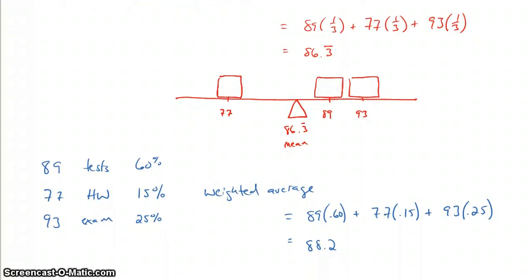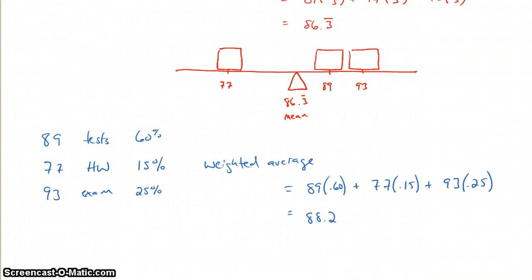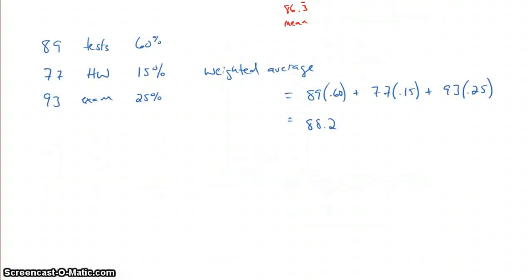So the blue one works the same way. It's just that I'm going to put different size weights on each spot. So if I draw the same seesaw, 77, 89, and 93, but I have to put different size boxes on. So I've got the numbers here.